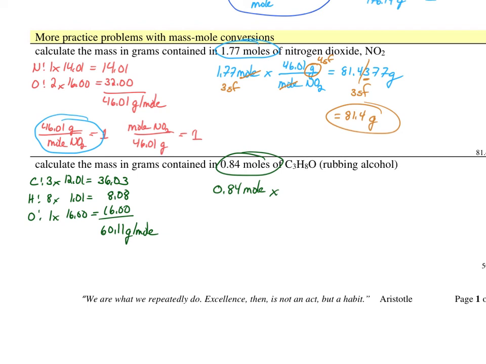And again, we look at the possible conversion factors that we can use. We have 60.11 grams is equivalent to a mole. And we also have a mole is equivalent to 60.11 grams. In this case, we want to cancel out units of moles. So we choose the conversion factor with moles in the denominator.